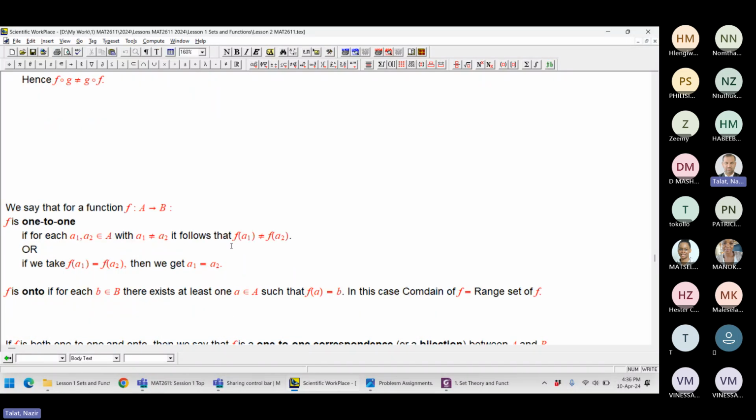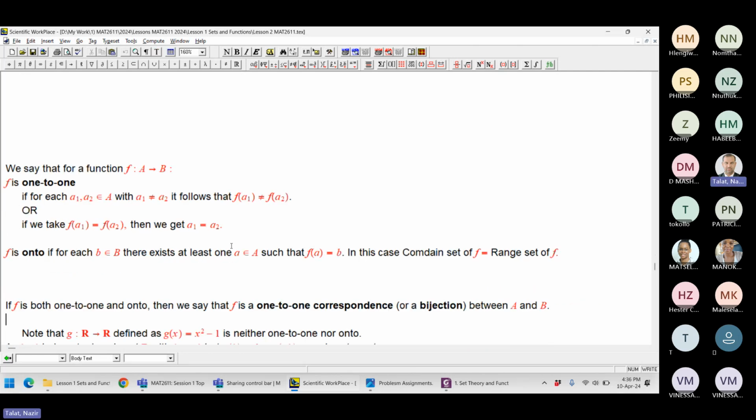They both will be equal. And here if f is both 1-1 and onto, then we say that such a function f is a 1-1 correspondence and is also called a bijection between the two sets A and B.